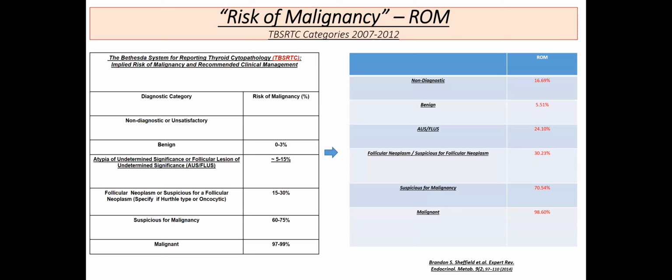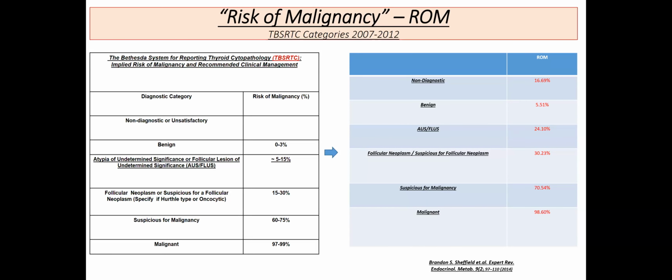Which means that you may see the risk of malignancies for each diagnostic category different than what was stated in the book. But that doesn't mean that you're doing something wrong. It just means that it's representing different thresholds, different application of diagnostic criteria, different patient populations, and which nodules are being biopsied.